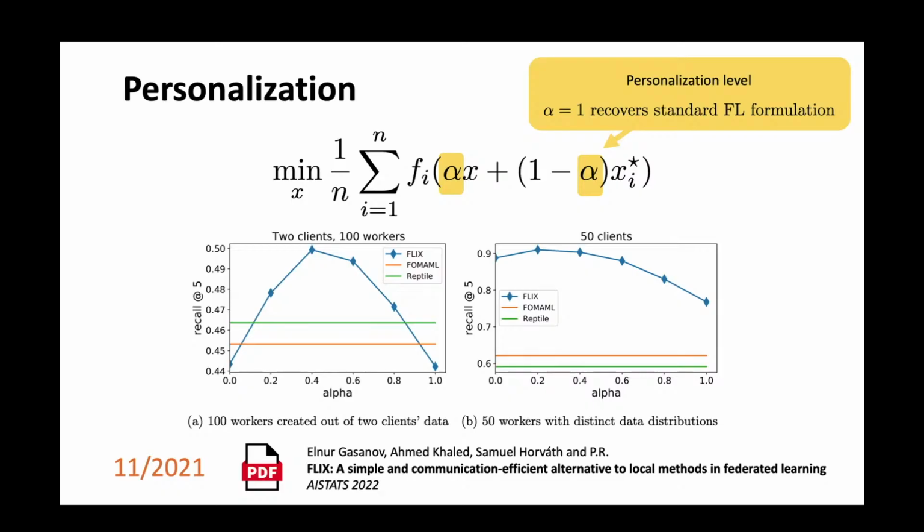So they can pre-train on their own data. So now, if alpha is 1, this is standard federated learning, right? If alpha is 0, this is what? This is don't communicate at all. Everybody just solves your problem on your own, right?